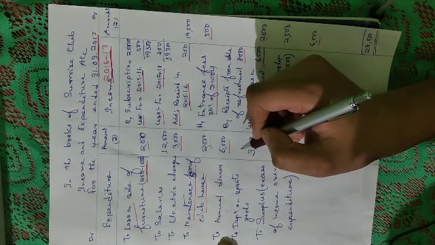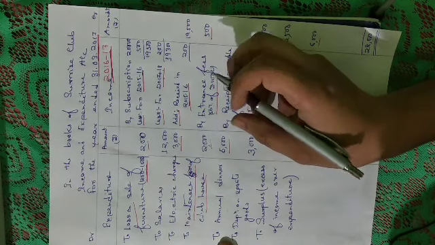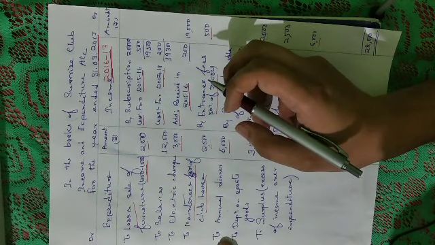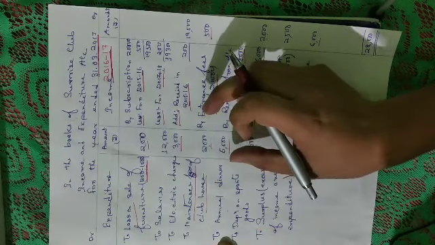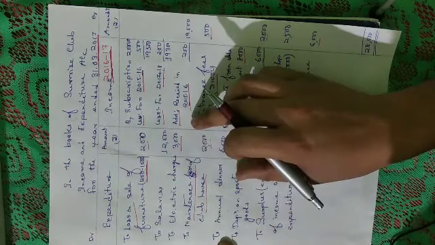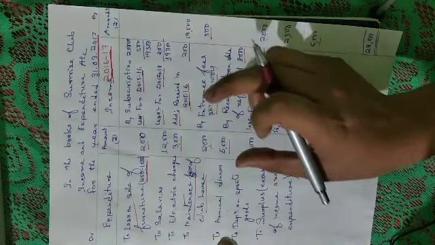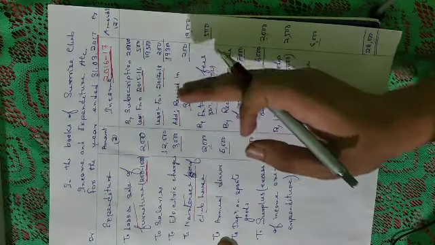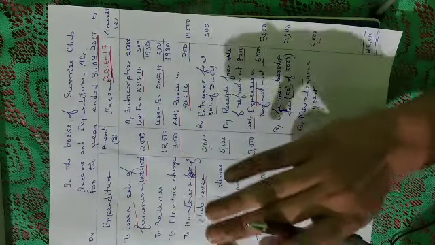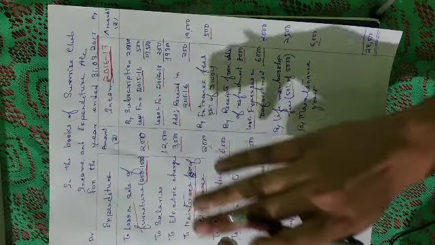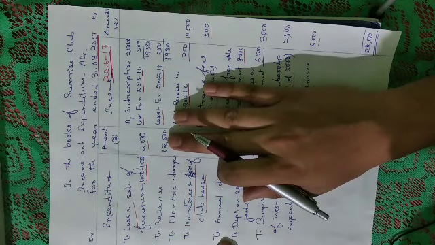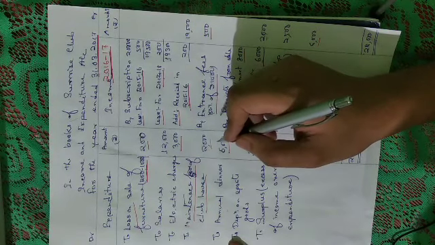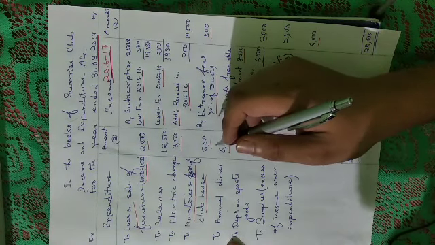Next, construction of clubhouse is capital in nature. Payment of outstanding expenses is related to the previous year, so it will not be considered in the income and expenditure account. Next, closing balance is also not considered in the income and expenditure account.